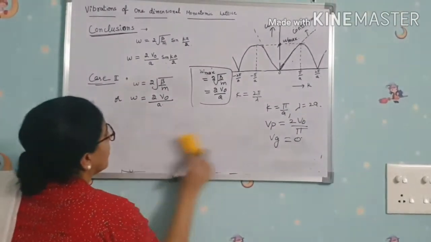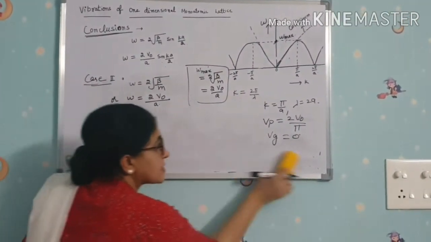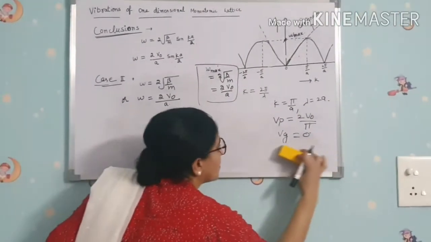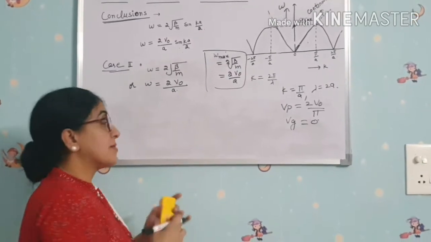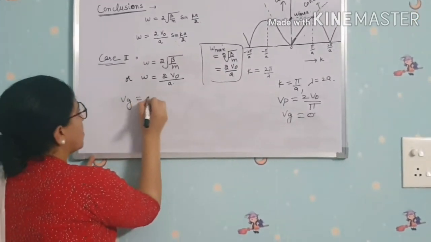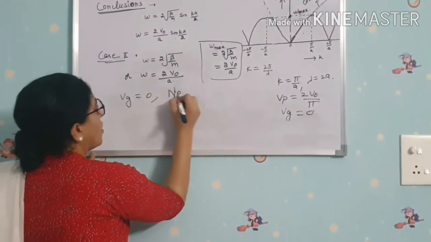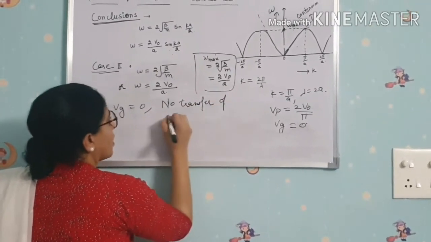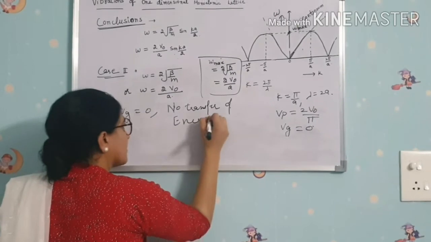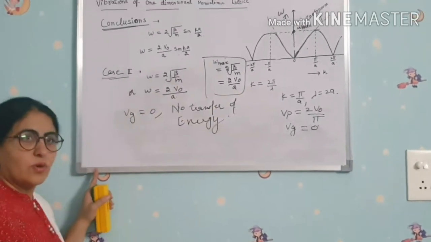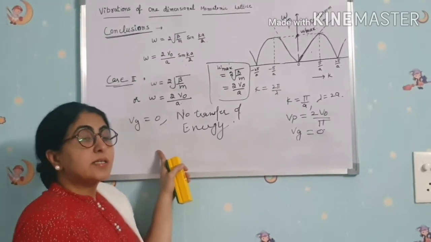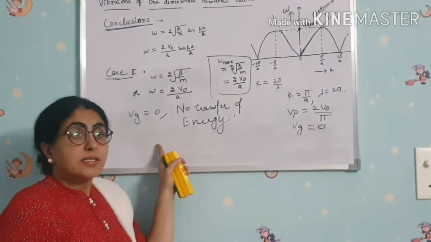Yes. What is the meaning of group velocity 0? Vg equal to 0 means no transfer of energy. And the wave we formed is a stationary wave or a standing wave.